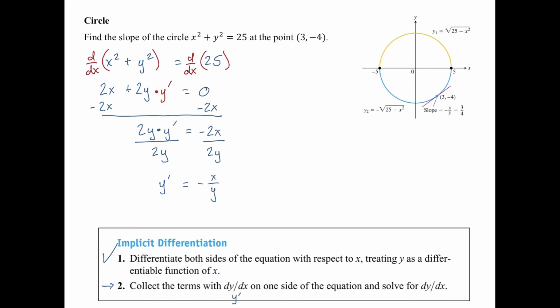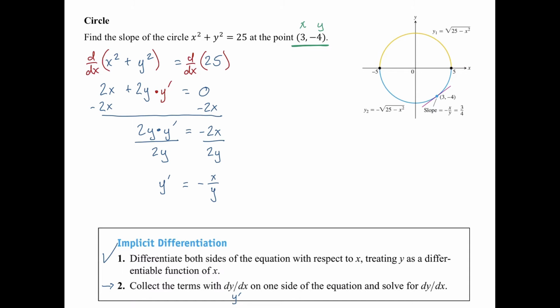So there we have it. And we're asked also in this question to find the slope of the circle at this point 3, negative 4. Well, this is a point, so this is an x, this is a y. So if we're going to look for the derivative, we have the derivative, we're going to find the slope, we're just going to plug in 3 and negative 4 for x and y.